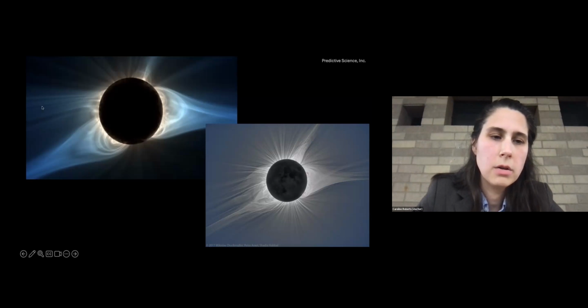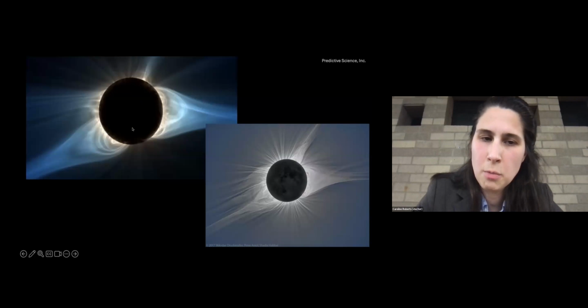We can run those models and make a computer prediction of how the corona of the sun should appear. We got this picture of the corona by really understanding and trying to predict the correct physics that goes on within the sun. And on the day of a total solar eclipse, you can take your model and compare it to the actual observation of the corona. And you can see, do I understand how the sun works well? And if so, my simulated corona will look just like the observed corona.